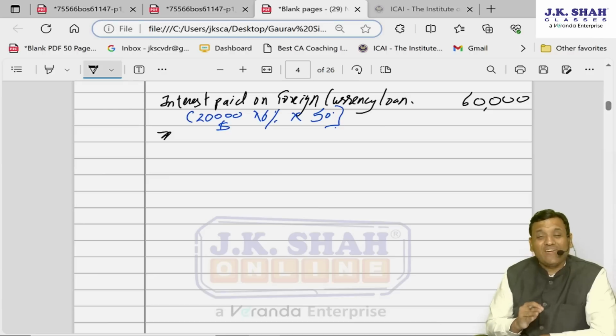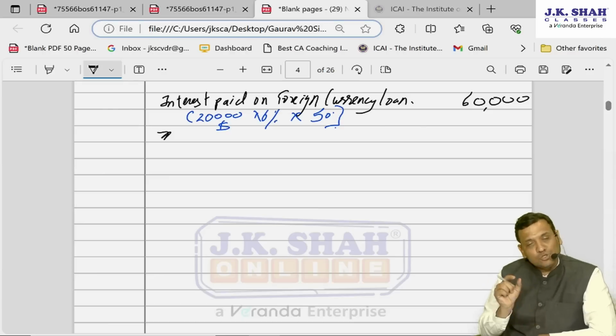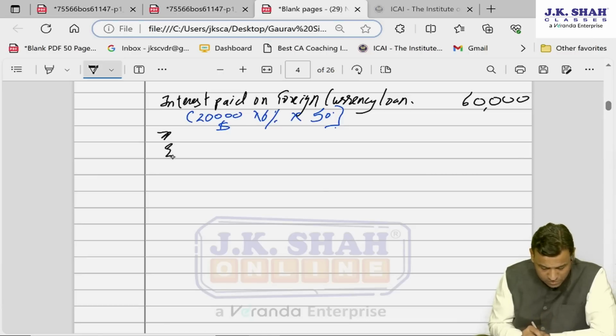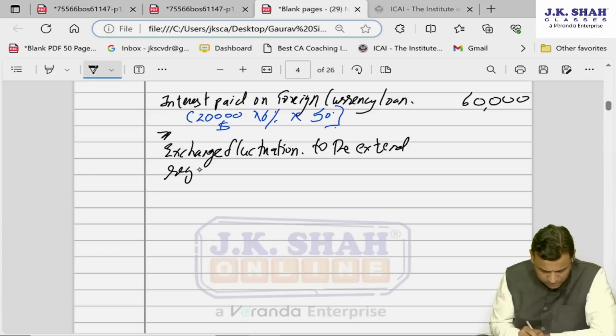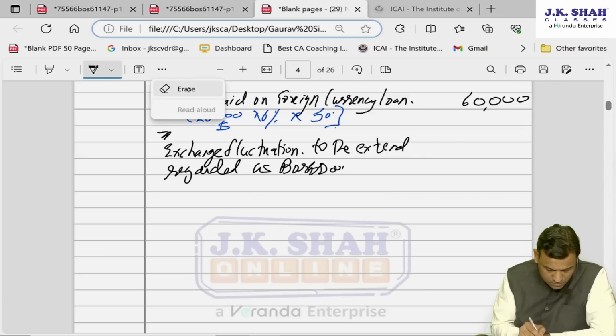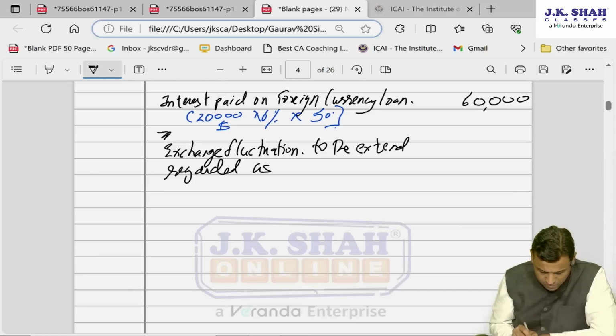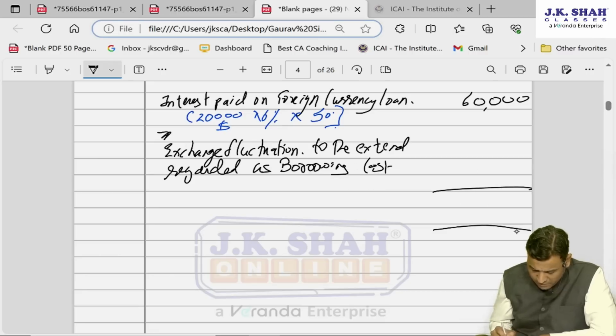Now, exchange fluctuations to the extent regarded as borrowing cost will give me the total borrowing cost.